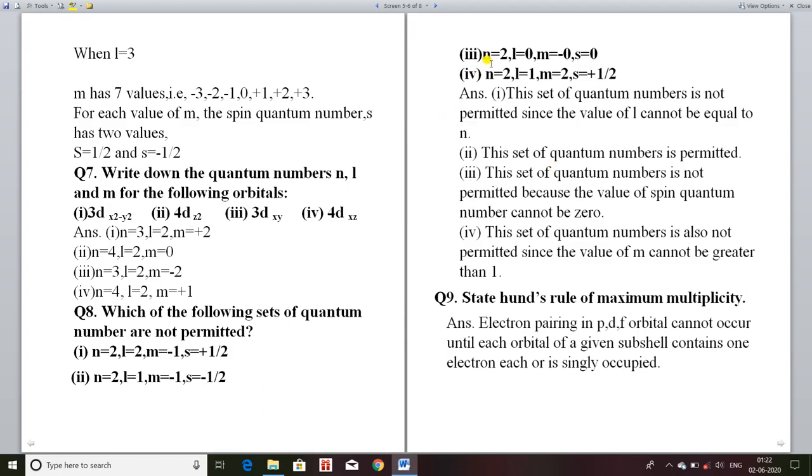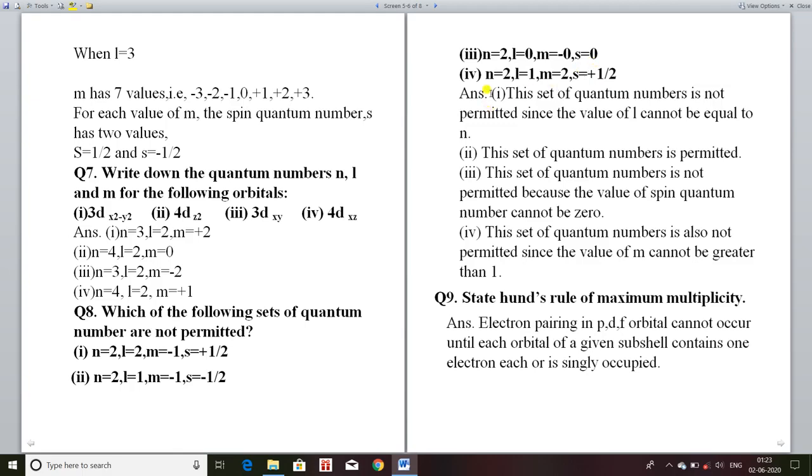Now part 3: n is equal to 2, l is equal to 0, m is equal to 0, and s is equal to 0. This set of quantum numbers is not permitted because the value of the spin quantum number, s, cannot be equal to 0.